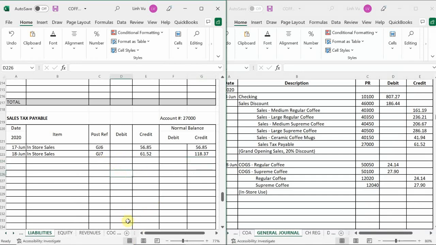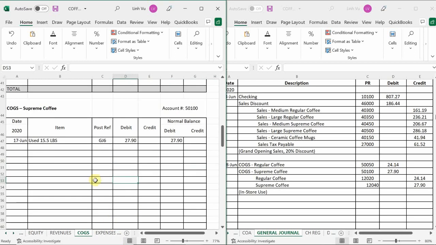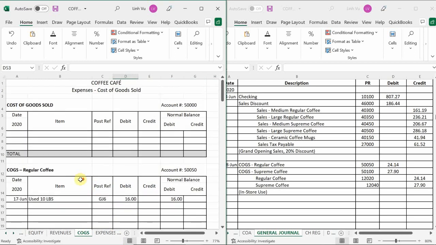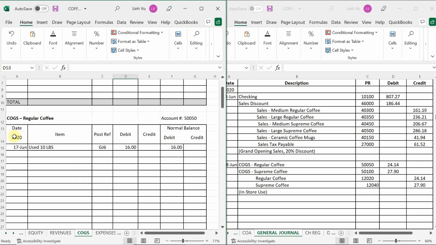Okay, so we have cost of goods sold first. Cost of goods sold for regular coffee. How many pounds did I use? 15 pounds.